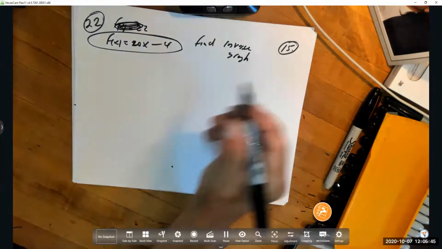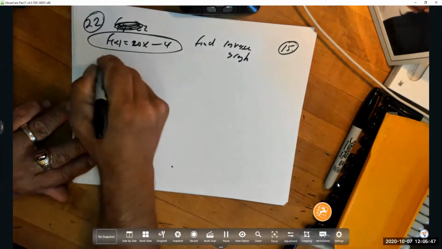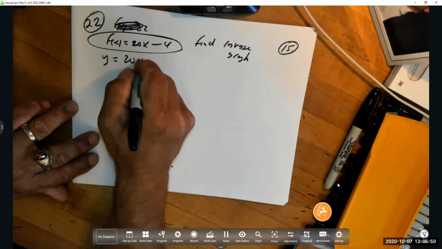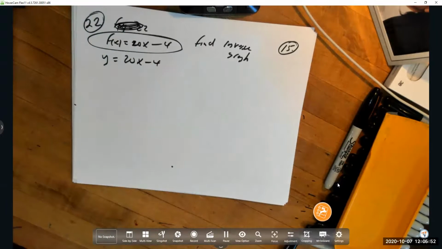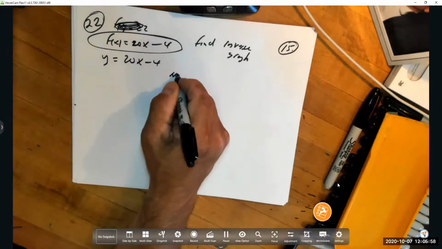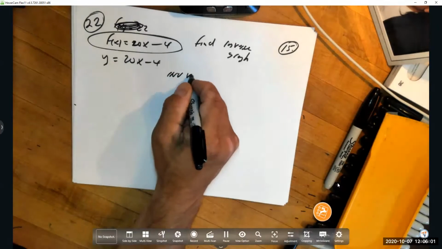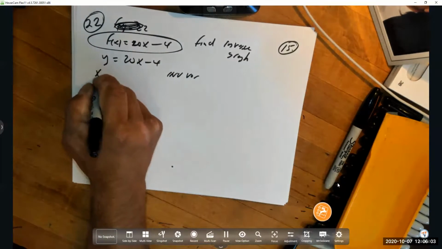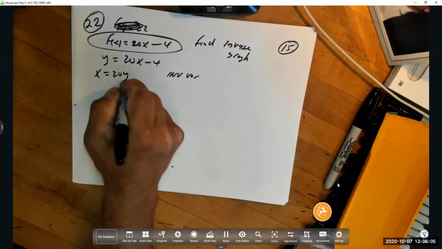Okay. So I'll show you what you do first. You go y equals 20x minus 4. That's what you first do. Set it equal to that. And then you invert all the letters. So you can go x is 20y minus 4.